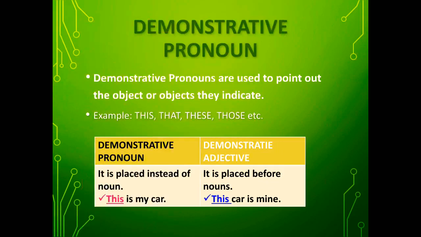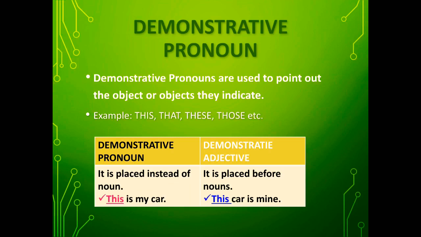Next, demonstrative pronoun. Demonstrative pronouns are used to point out the object or objects they indicate. For example, this, that, these, those, etc. Demonstrative pronoun is placed instead of noun, but demonstrative adjective is placed before nouns. Example, this is my car.